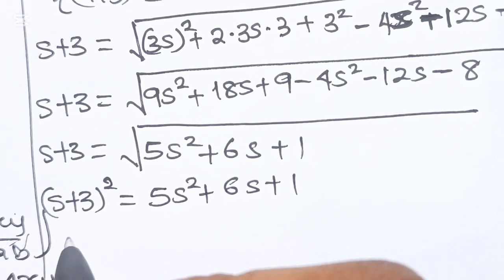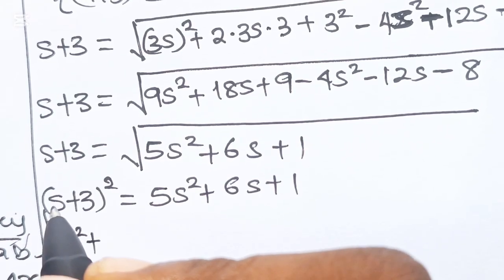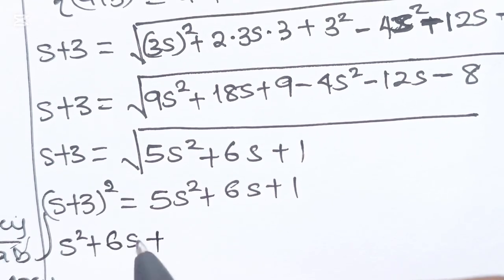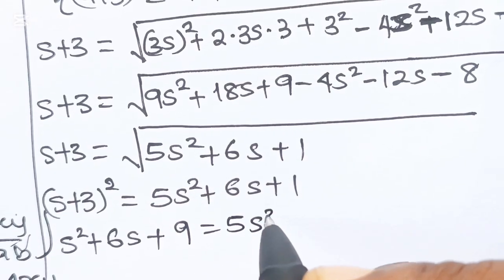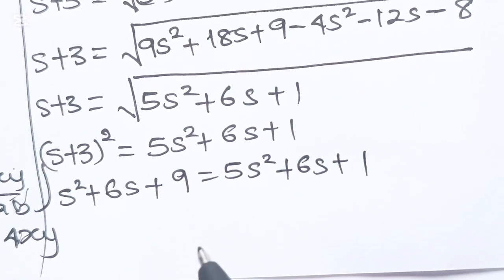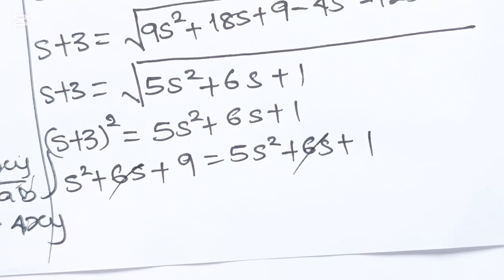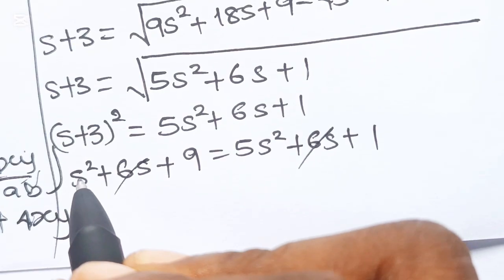So expanding this, we will have s squared plus 2 times 3 times s, that is 6s, plus 3 squared, which is 9, is equal to 5s squared plus 6s plus 1. So from here, you can see that 6s will remove 6s, right? So we now have s squared comes here.